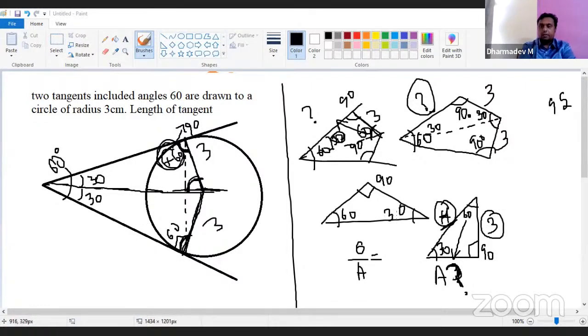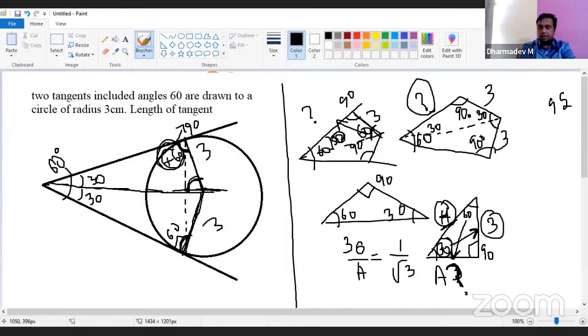I'm finding this side, since this value is already given. Tan of the angle 30: the opposite is 3, which is given. So tan 30 is 1 by root 3. This is given as 3, and I don't know this side.